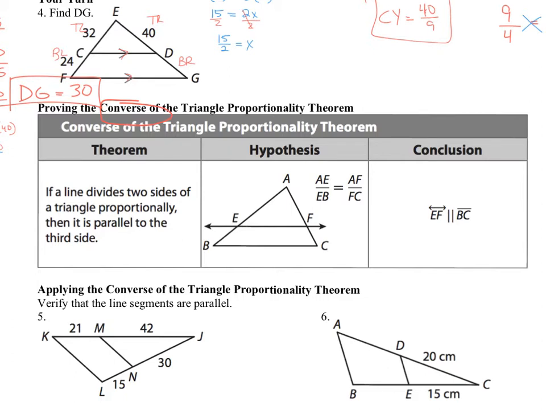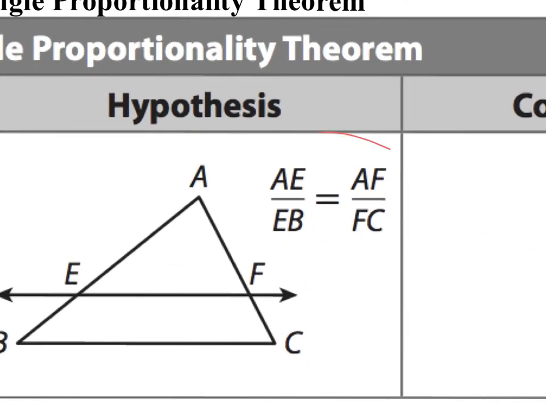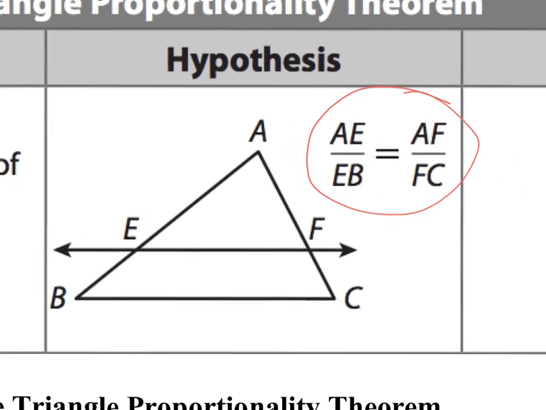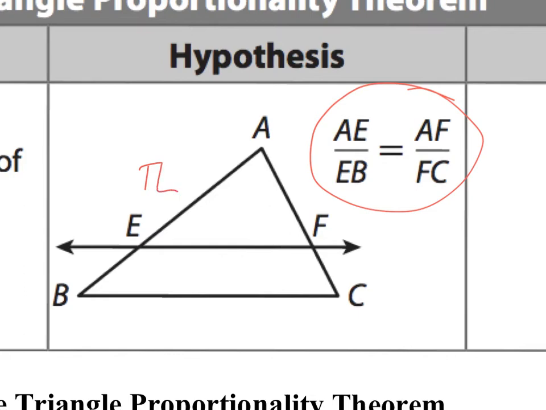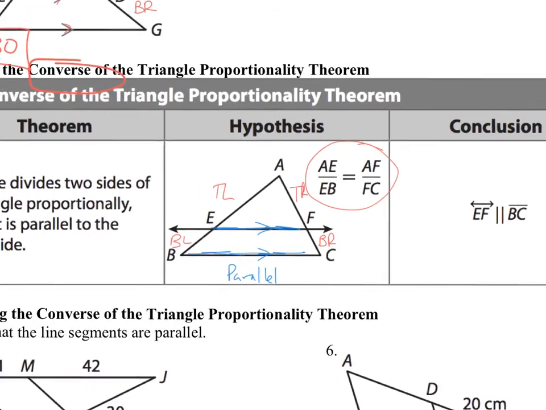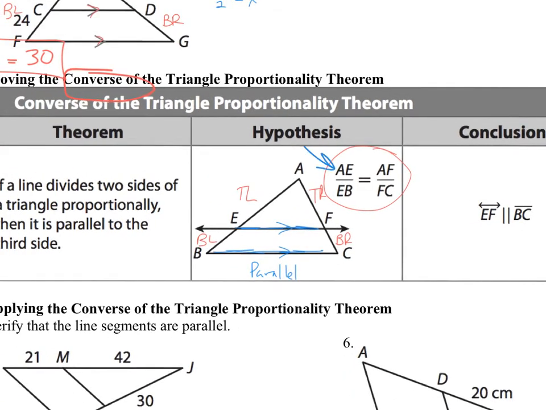If we have a triangle and we can prove that the top left over the bottom left is equal to the top right over the bottom right, then these two lines here, EF and BC, have to be parallel. So it goes both ways. If I'm trying to prove that those are parallel, I have to prove that that ratio works, that proportion works.